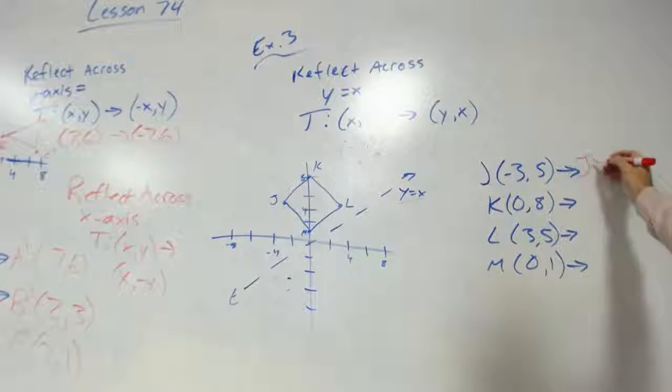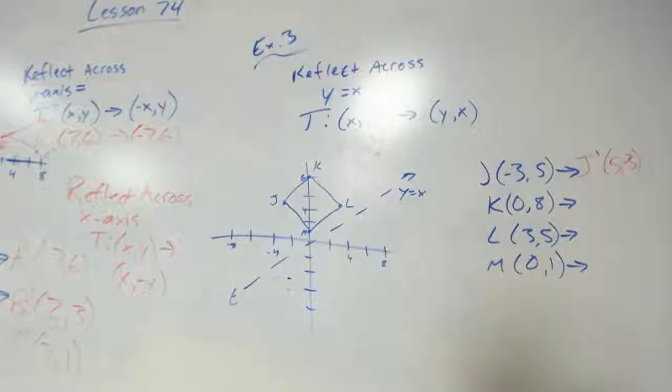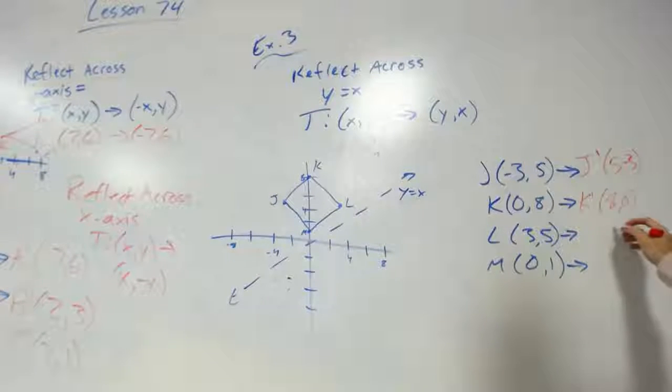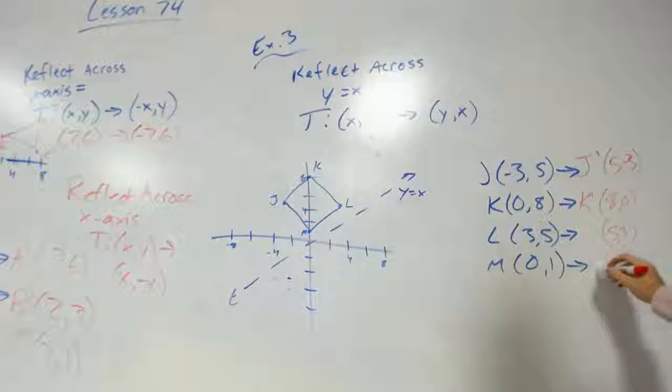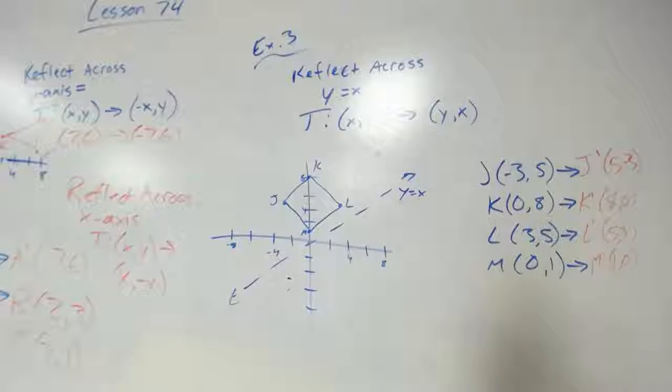So J would be 5, negative 3. And then I do that for all the other ones. So this would be 8, 0, 5, 3, 1, 0. Simply flip all the x's and y's.